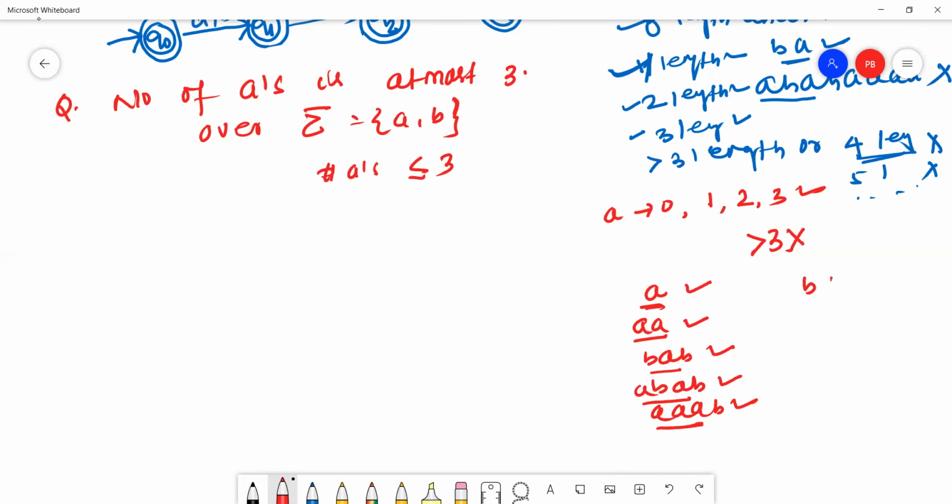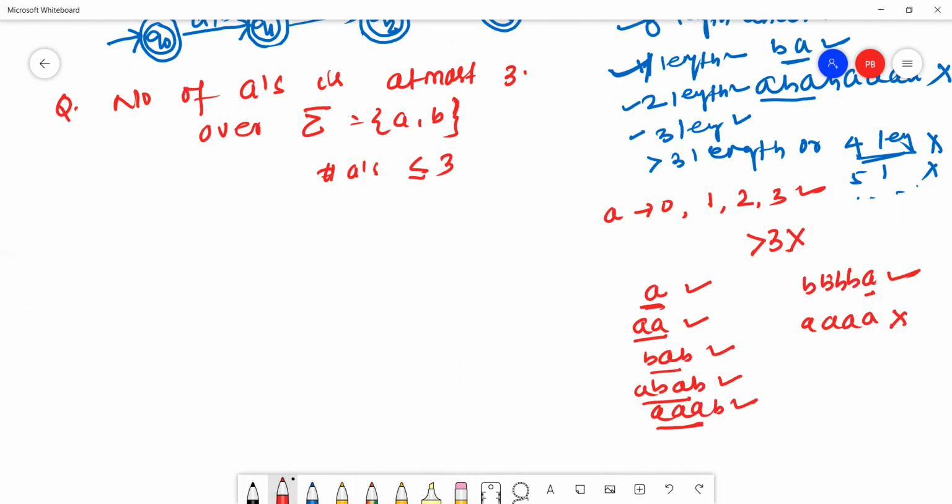Suppose B B B B A, this is a valid string, because number of edges is less or equal to 3. Suppose 4 edges, it is an invalid string, because number of edges is greater than 3.